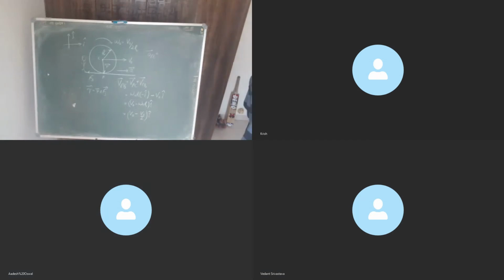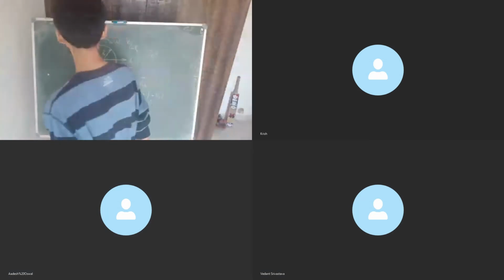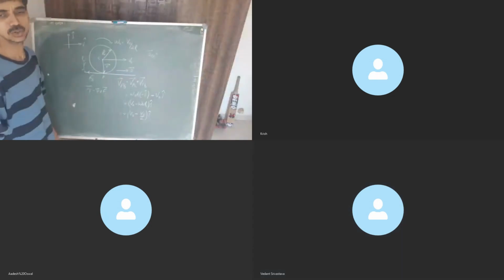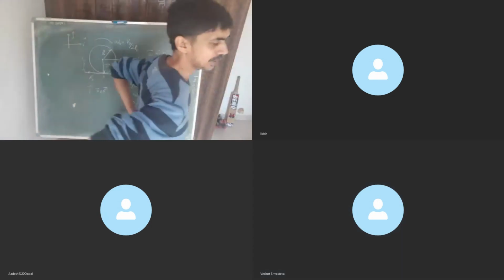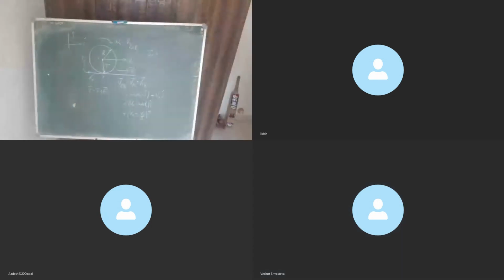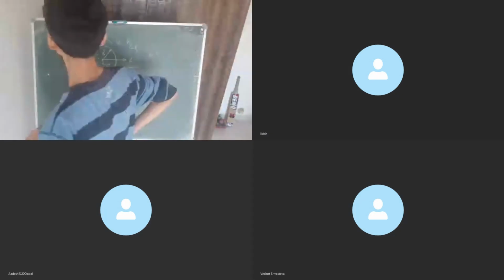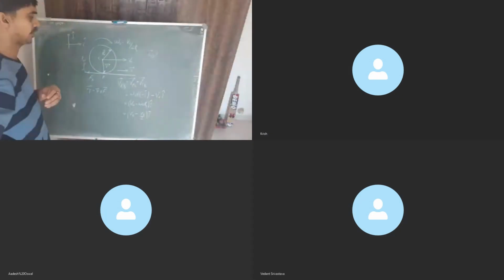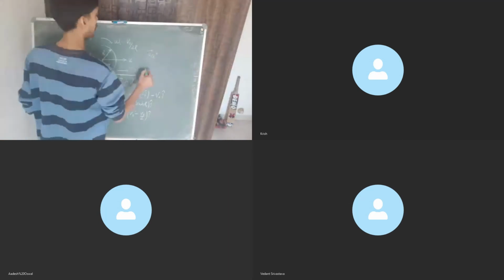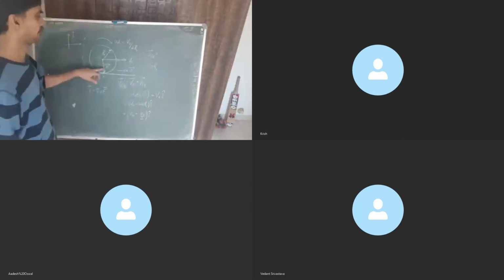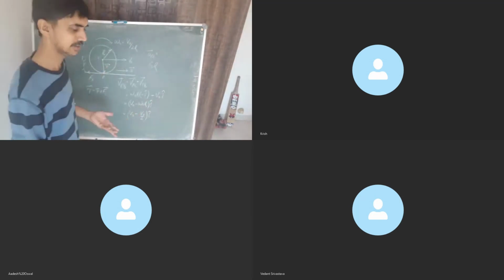You have to bring the tails together, isn't it? And then R cross F, if you will turn from R to Fs through the smaller angle, you'll get to know that it is directed into the board, right, all of you? Yes, sir. So direction is into the board, okay? And magnitude, as Krish indicated, will be simply Fs into R, where R is the radius, because mod of small r is capital R, correct, dear?